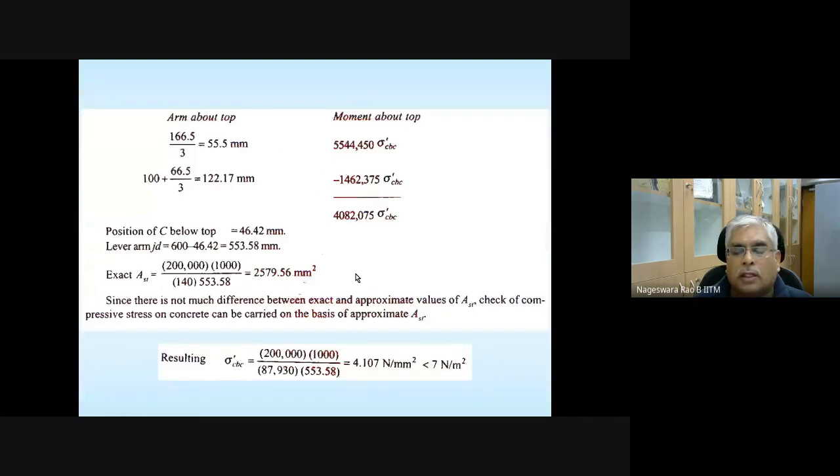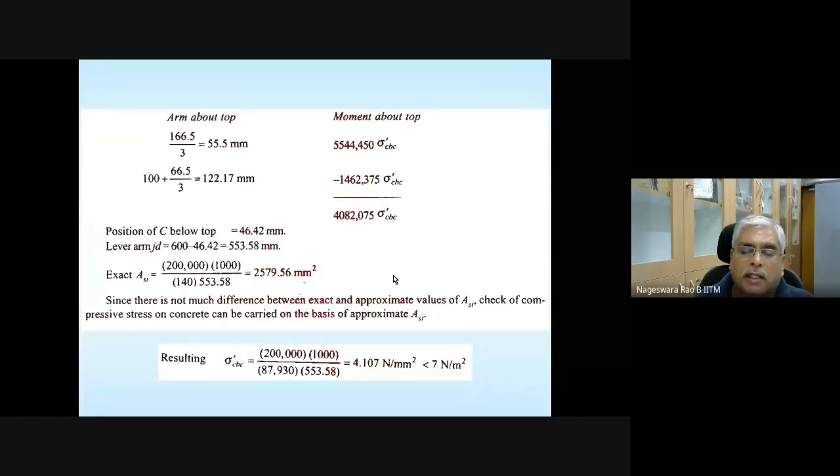Once you get confidence that the area of steel has converged, in the sense that in subsequent steps the area of steel turns out to be almost the same, then you can stop the iteration.